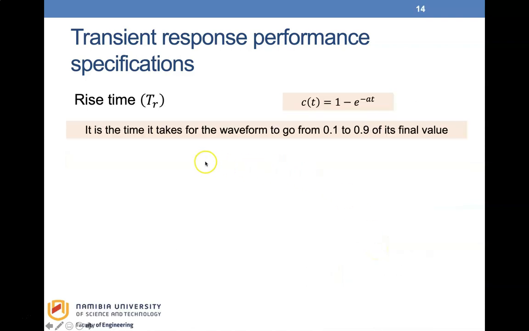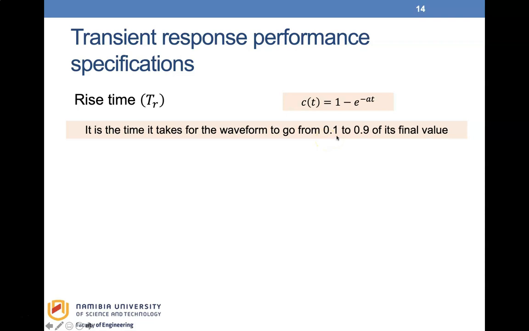Then the next specification is called the rise time, and it is the time it takes for the waveform to go from 0.1 to 0.9 of its final value. I must say that this is not cast in concrete because this depends on a certain specification.